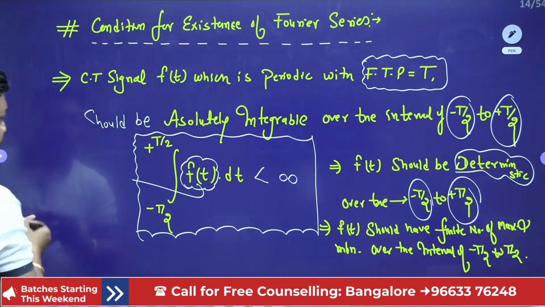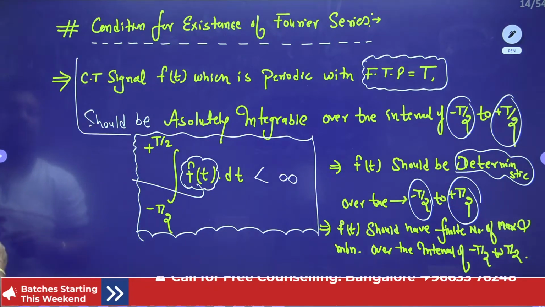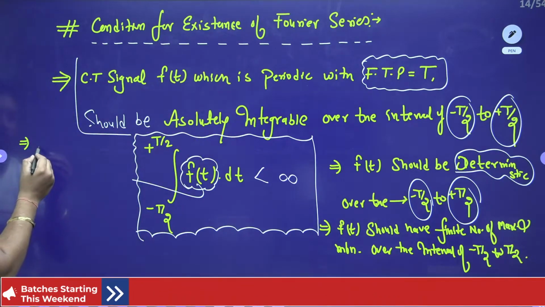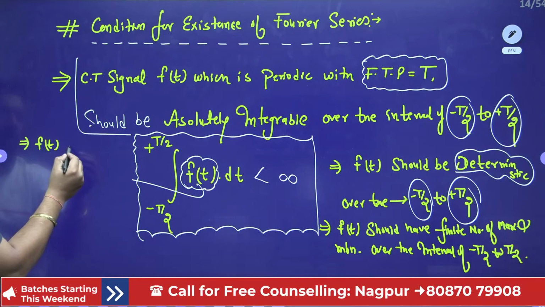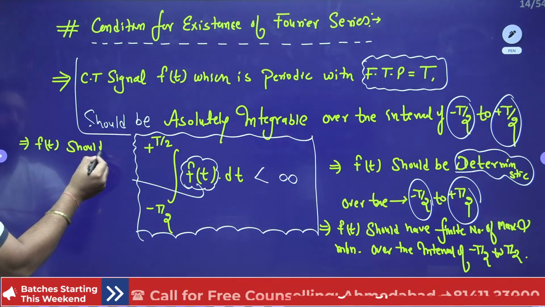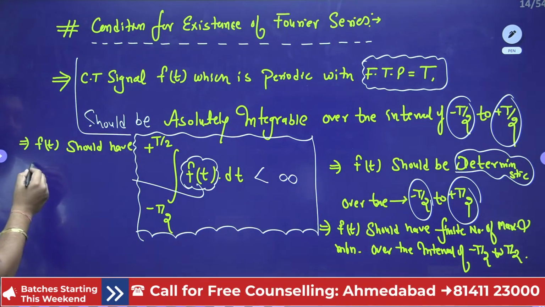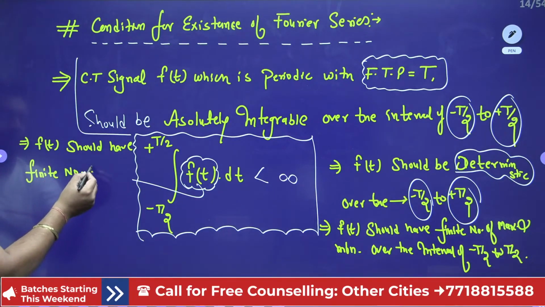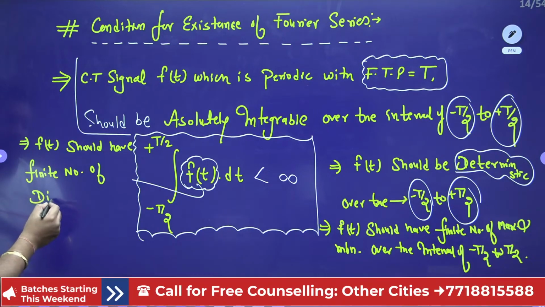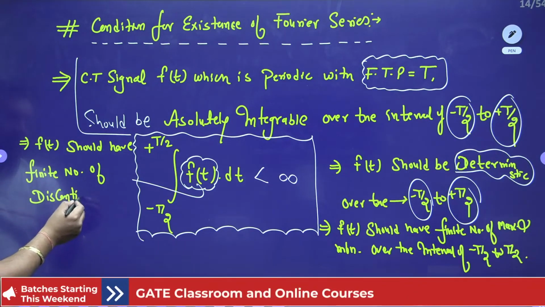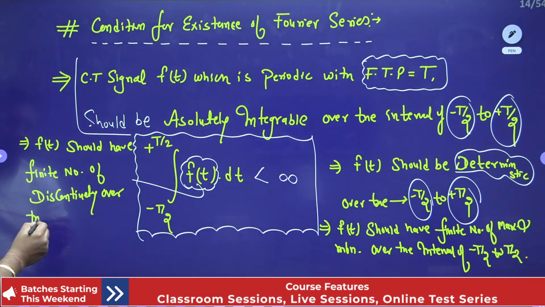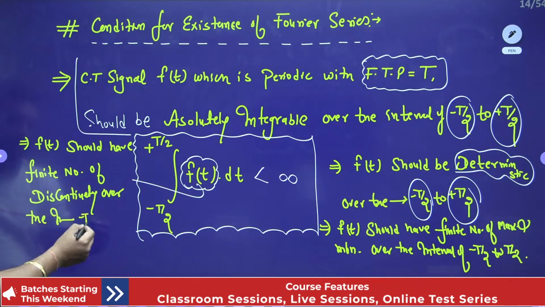Or we can write one more thing: the periodic signal f(t) should have a finite number of discontinuities over the interval of minus T by 2 to plus T by 2.